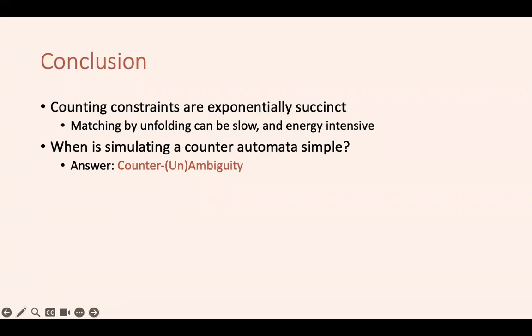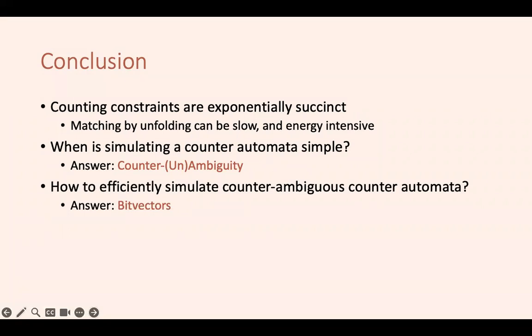One of the questions we asked is, if we want to directly simulate counting automata with counters, then when is that simple? The answer is when we have counter unambiguity. We also asked what to do if we do not have counter unambiguity, that is, when we have counter ambiguity.